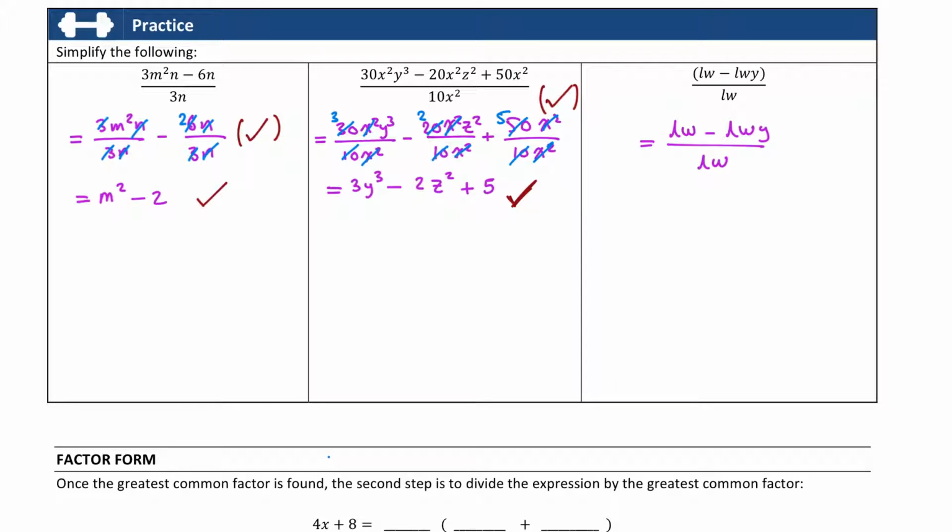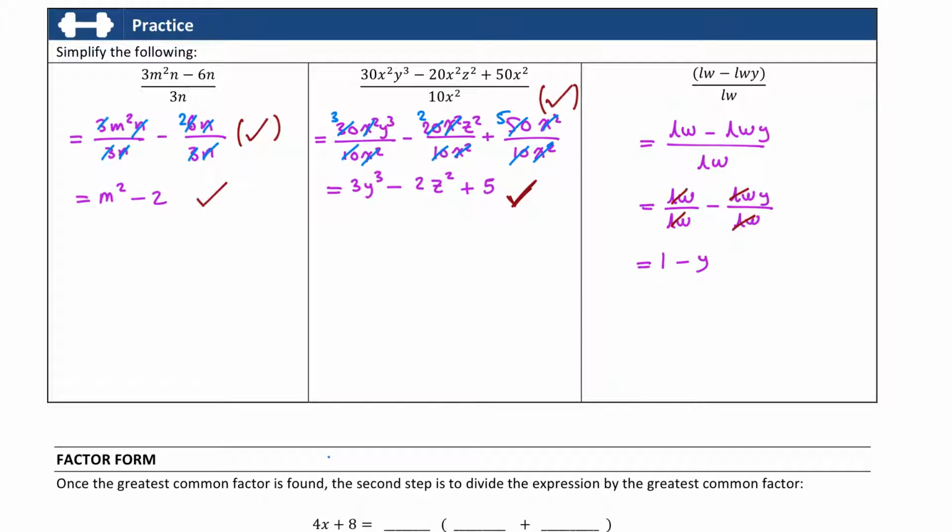So let's write that out. I get LW over LW minus LWY over LW. And what will end up happening is that these cancel out, and I'm left with 1 minus, and LW and LW cancel out here, and I'm left with Y.